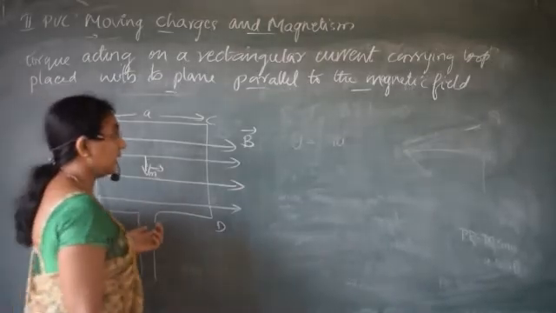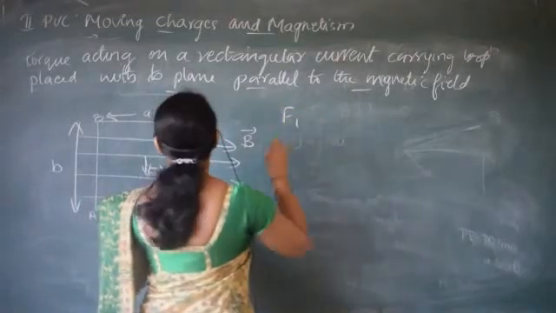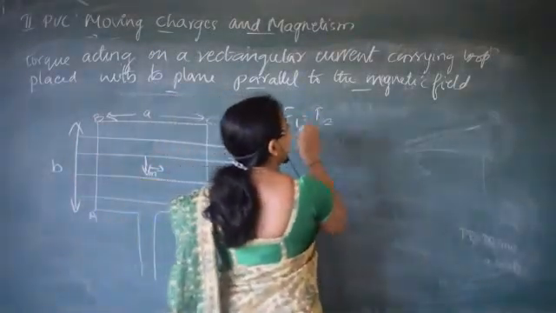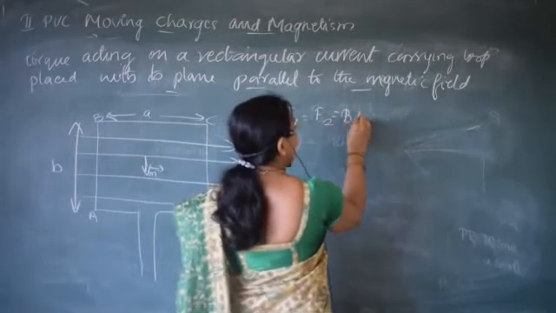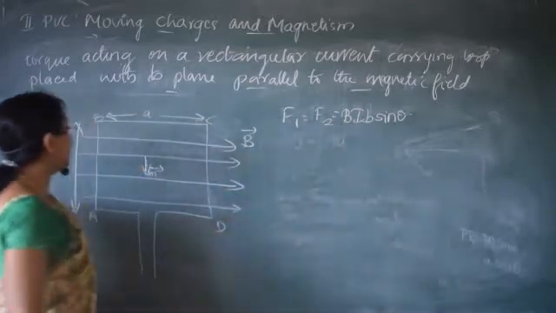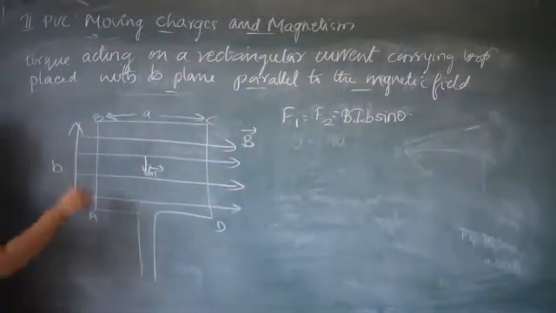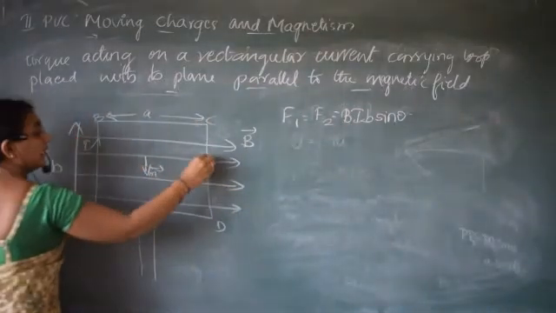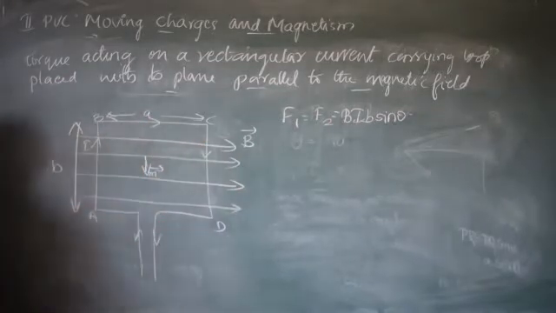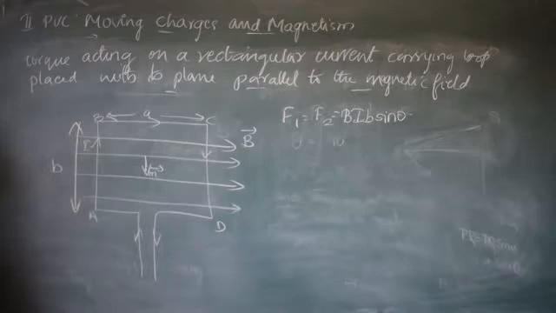So just like the previous one, the force acting on the arms AB and CD, F1 is equal to F2 is equal to BIb sin theta. I forgot to mention the current. I be the current.